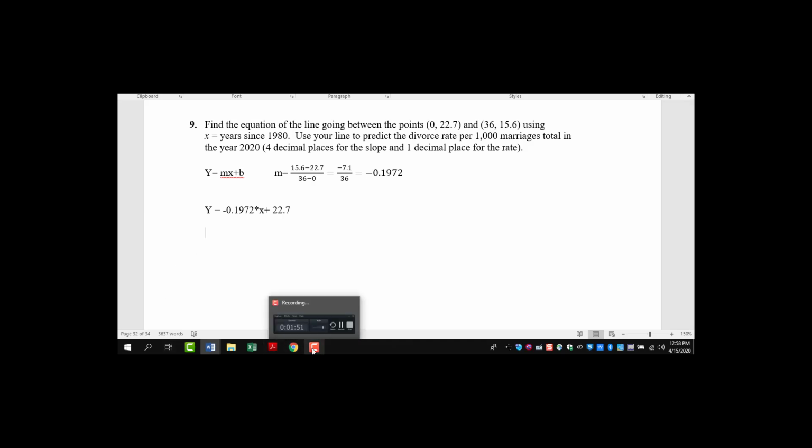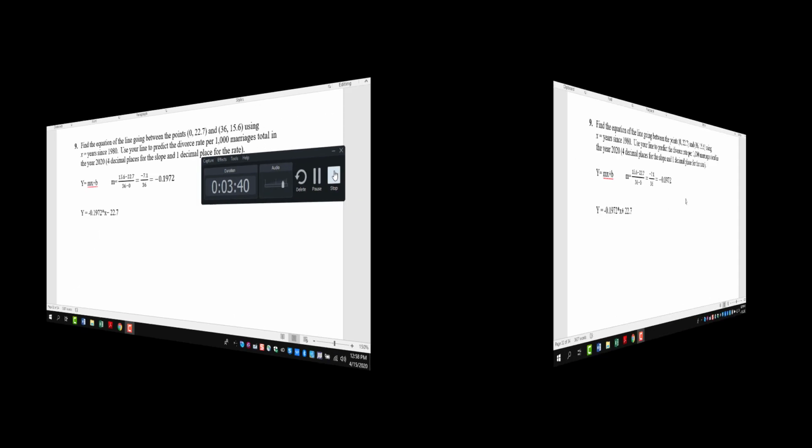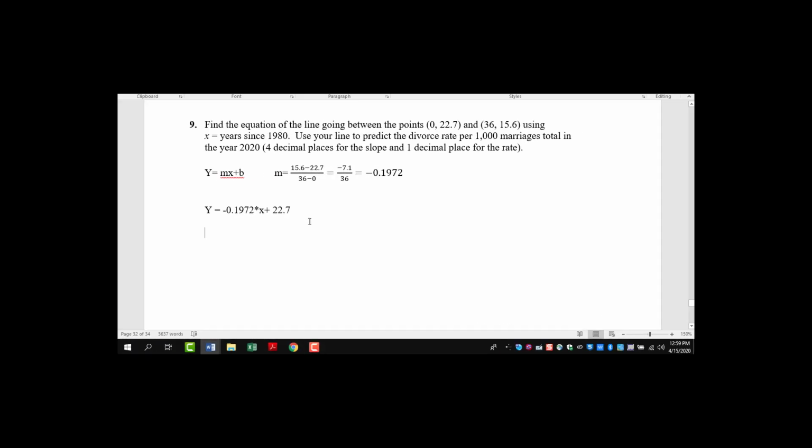Come back here and predict this. So being X is the year, we need to find out for 2020 what the value of X is. Well, if 1980 is 0, in 2020 it would be 40. So I'm just going to replace X with 40 and do the math.